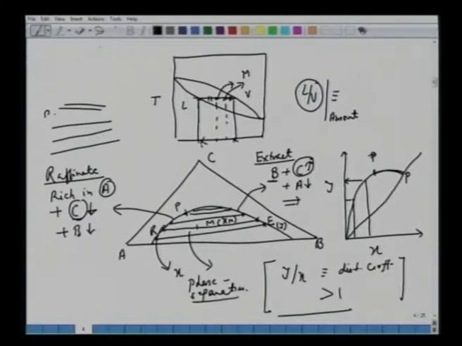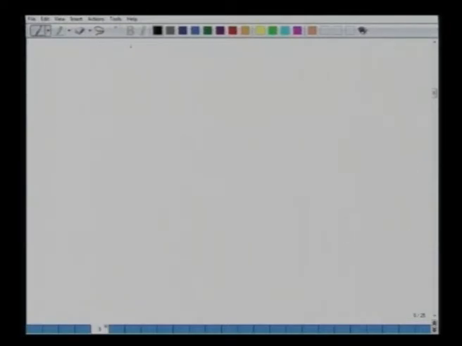For any of this R and E, we can also apply the mixing rule. So we have essentially R and E. If you take this M, and you want to write down how much is the amount of extract and how much amount of raffinate is formed, you still apply R plus E as M. R times XR, E times XE.